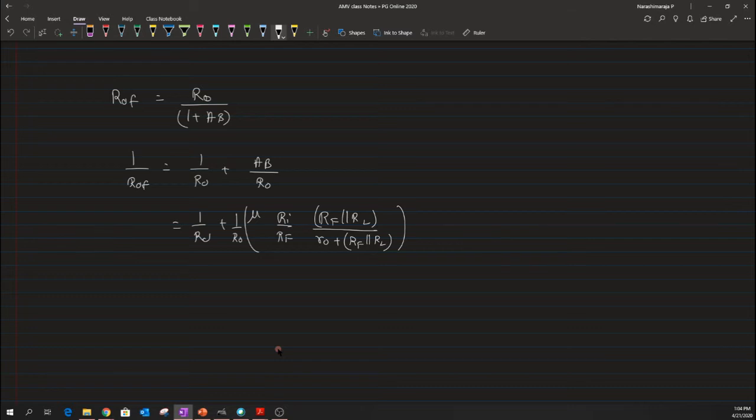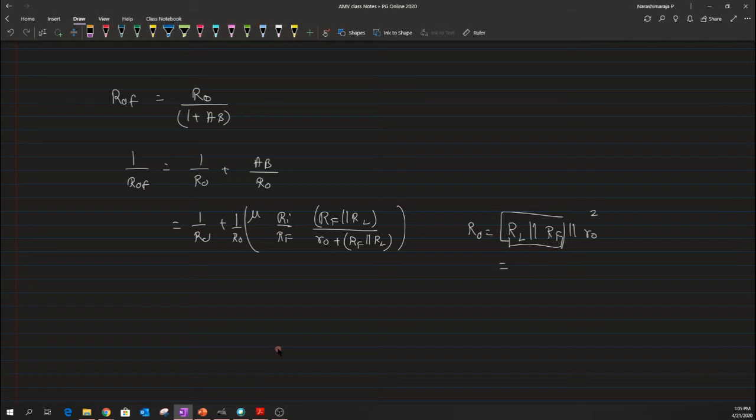So this is what we have, and we also have to remember that this factor R naught is nothing but a parallel combination of RL, RF, and R naught. If I am combining this expression as a single quantity, then the parallel combination of this one and the second term can be written as something like... I think it becomes too messy.